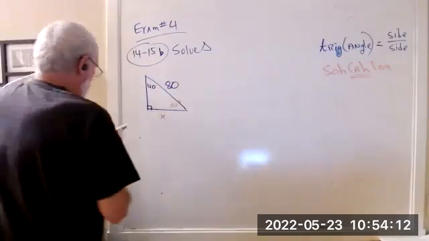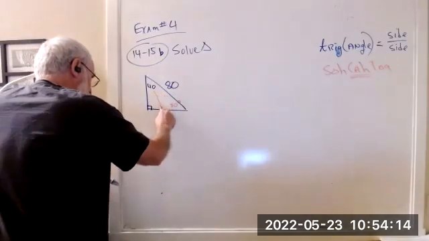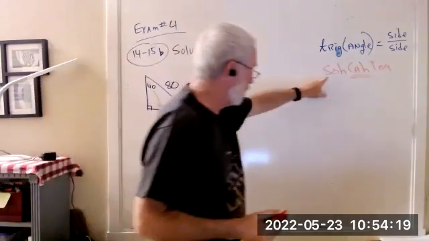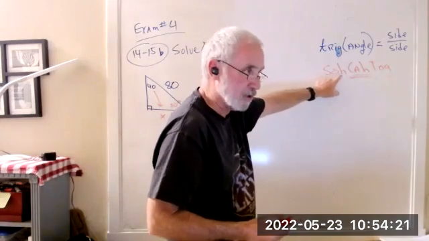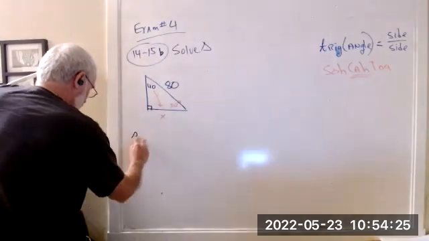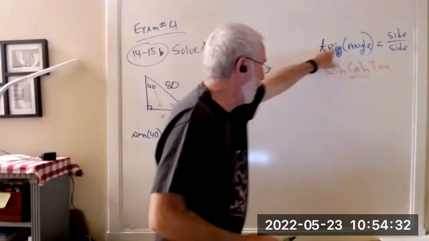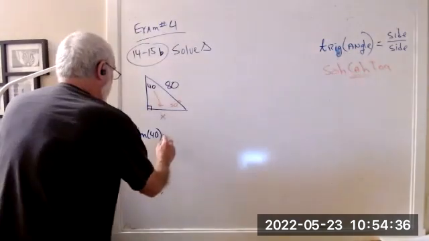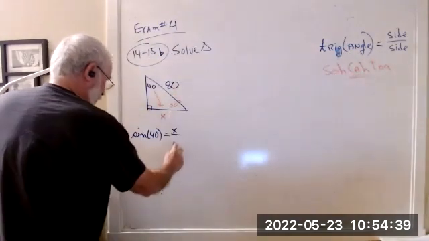If you use the 40, you'll use sine, opposite over hypotenuse. So the sine of 40 is the opposite side, x, over 80.